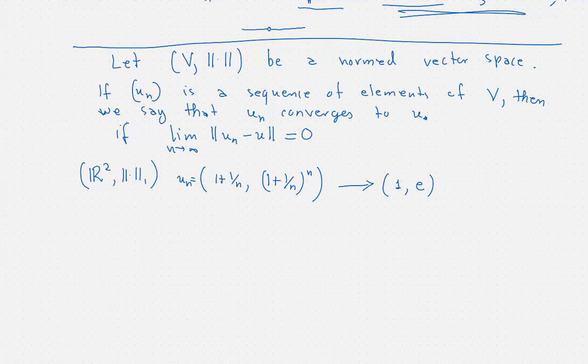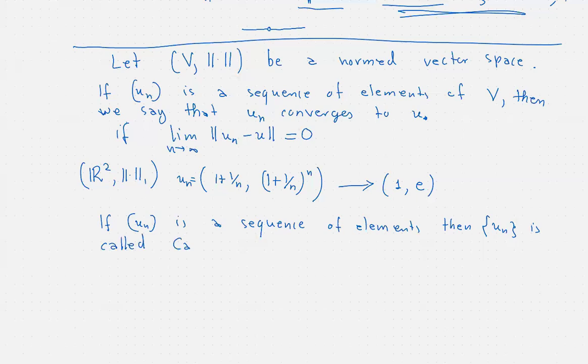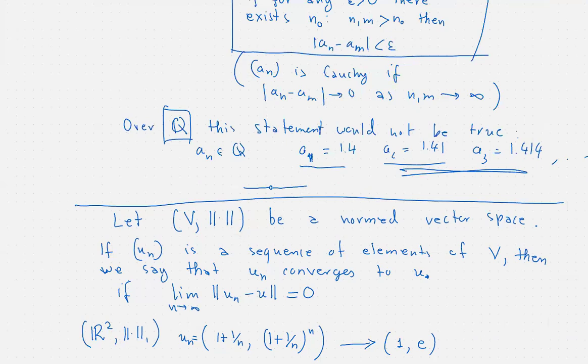Okay? So now we can also define Cauchy sequences. So if u_n is a sequence of elements of V, then u_n is called Cauchy if for any epsilon greater than 0, so I'm going to completely mimic the first definition of Cauchy sequences that I gave you, which you can see is in terms of the absolute value.